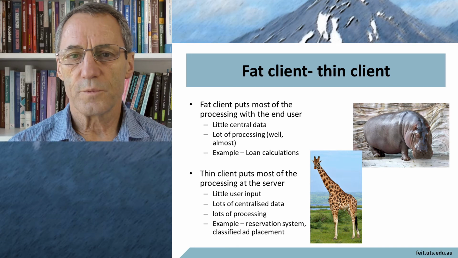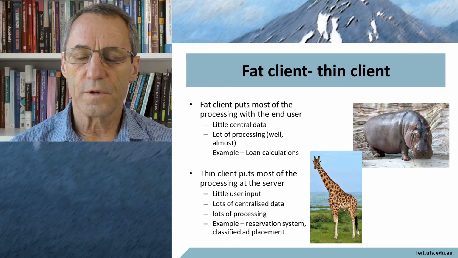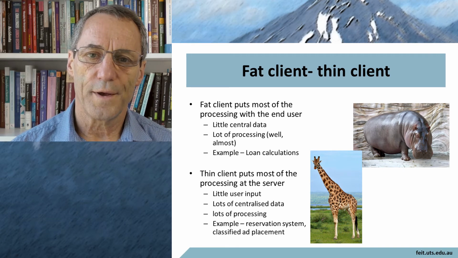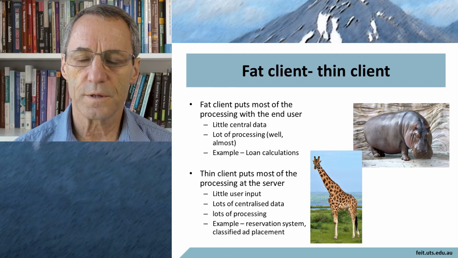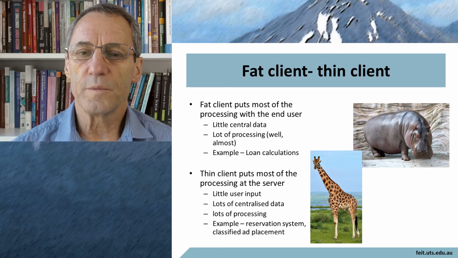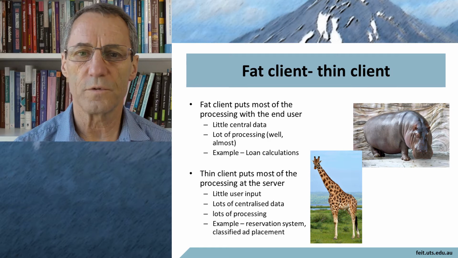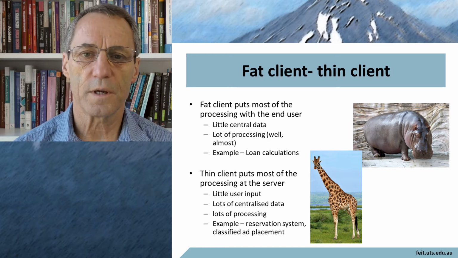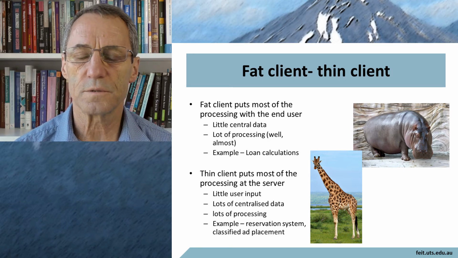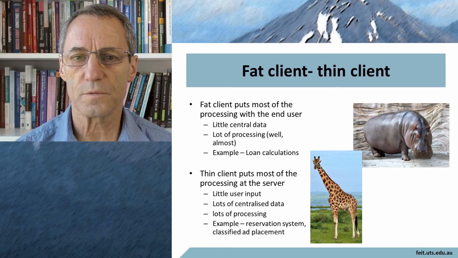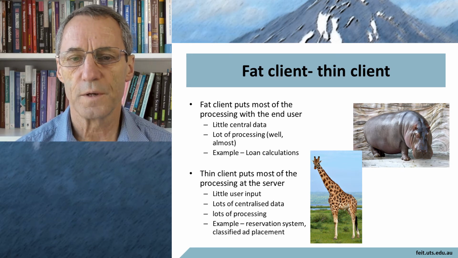This is most suitable when a lot of the information is available at the client side of things, and there's a minimal need for information from any form of central site. This might happen in something like a loan application where the client themselves are providing most of the information.